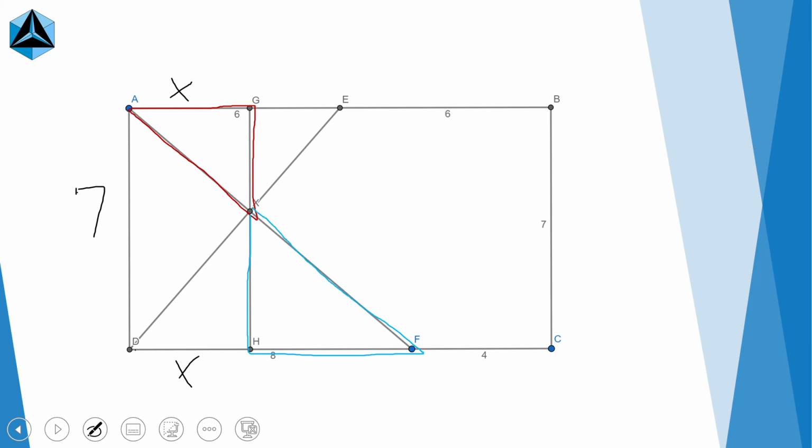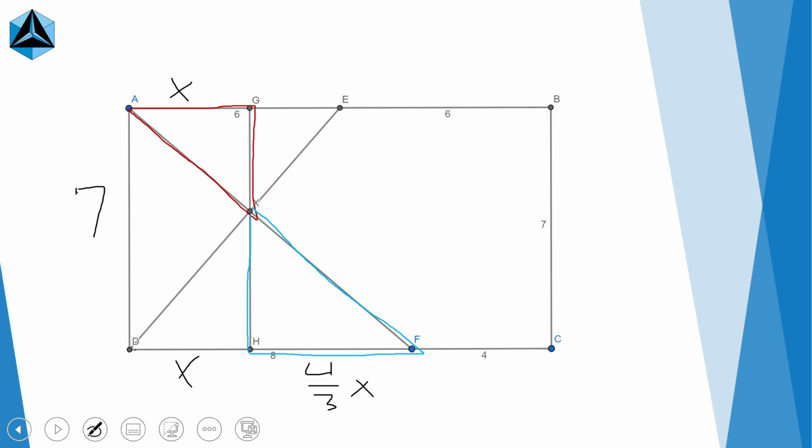So that means that this length, FH right here, has to equal 4 over 3 x, because the ratio of this to that should be 3 to 4.